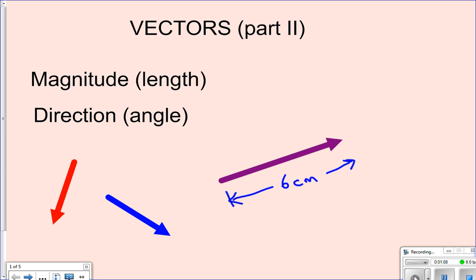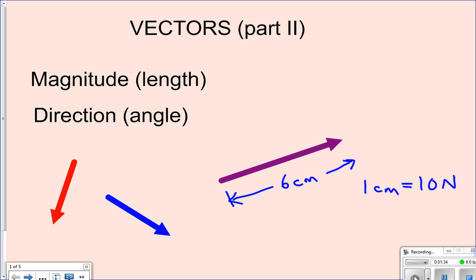But more often than not, it could be that we want to represent something like a force. We're pulling on something, and we measure force in physics with the unit newtons. So we'd have to have some sort of scaling diagram. For instance, we might say that every 1 centimeter on this vector equals, let's say, 10 newtons.